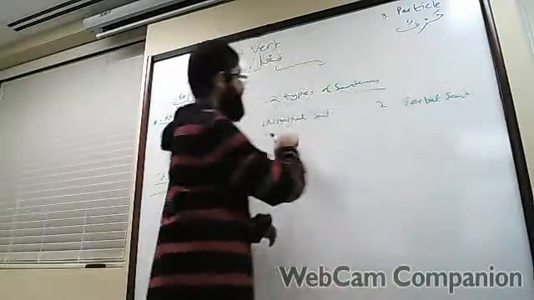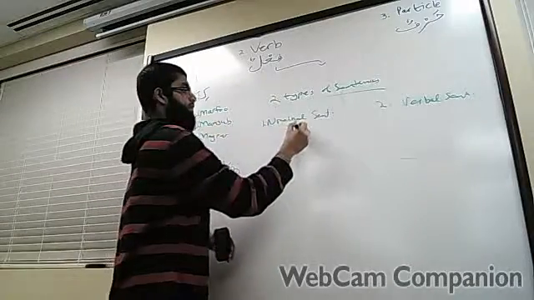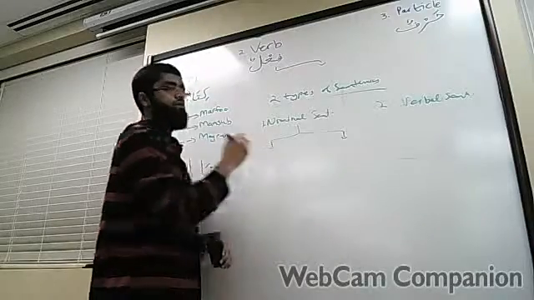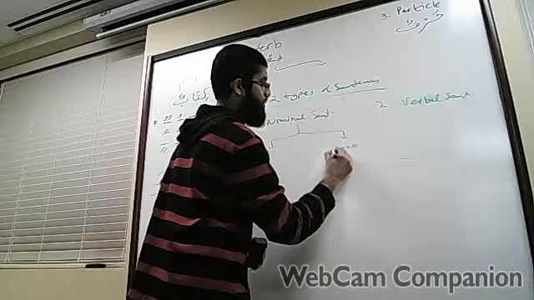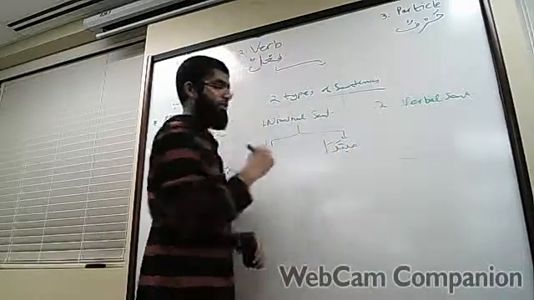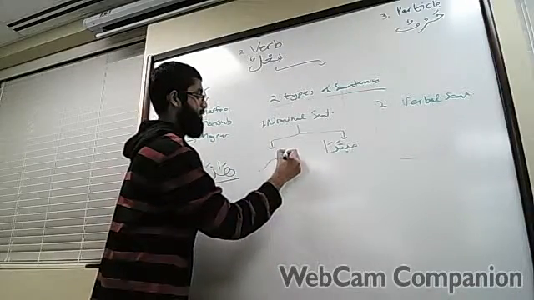Okay, so what did we say about nominal sentences? They have two parts. What are they? They all have a mubtada. I know this is a lot of review. And then the khabar.